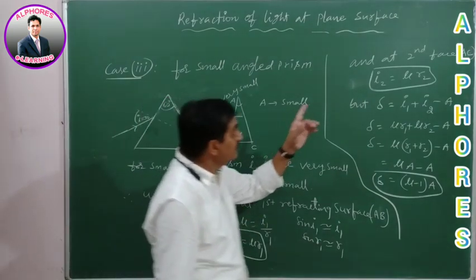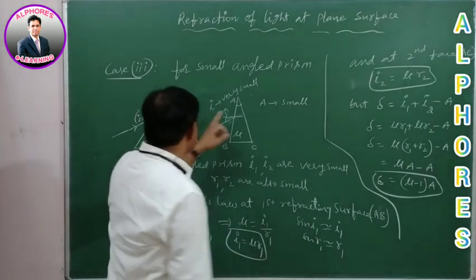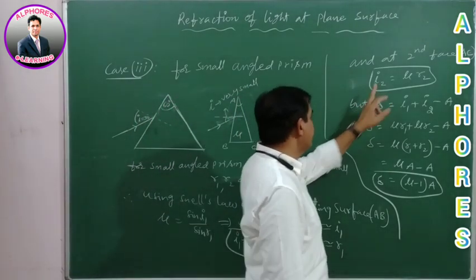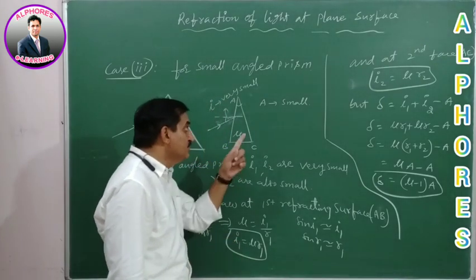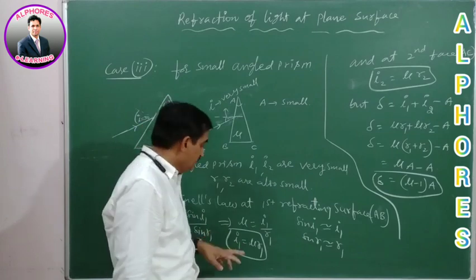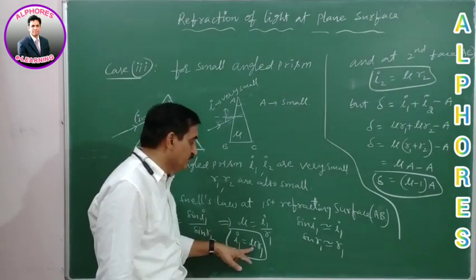And at the second refracting surface AC, there also we can write I2 is equal to mu R2, similar to that of here, I1 is equal to mu R1.